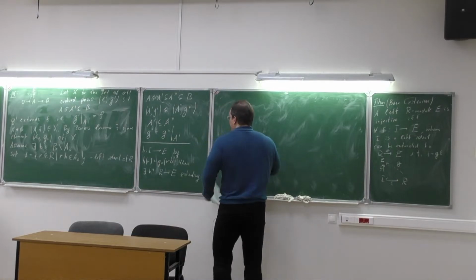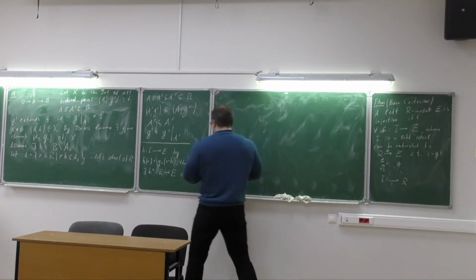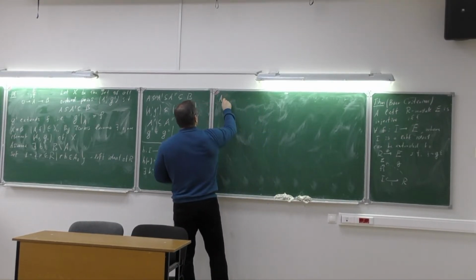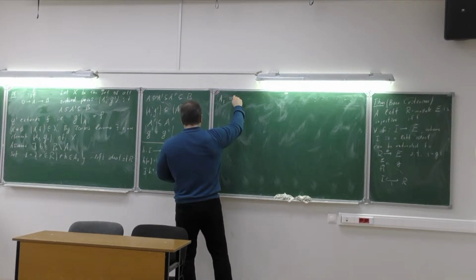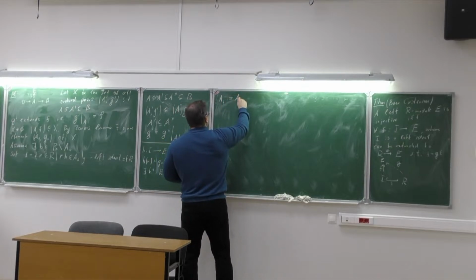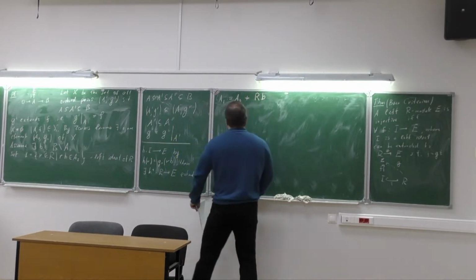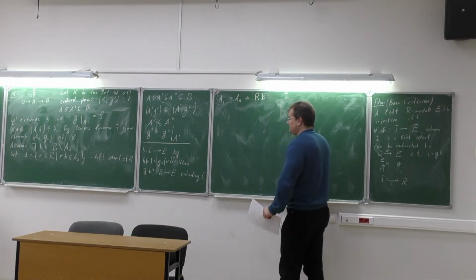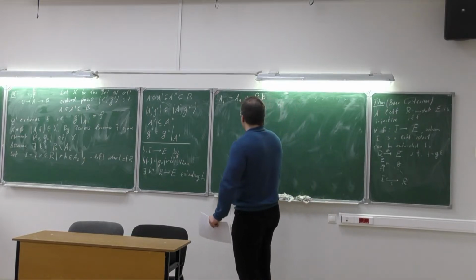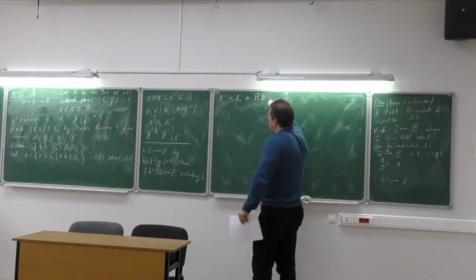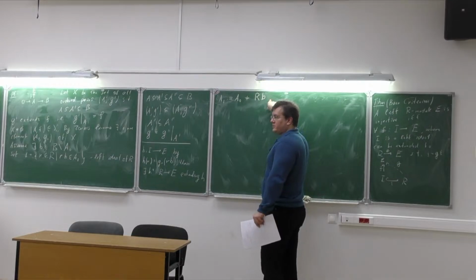So now I want to define a new submodule, A1. We say by definition that A1 is A0 plus Rb. Since b is not in the A0, this is a submodule which is definitely larger than A0.